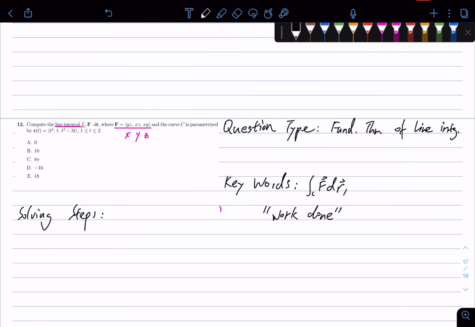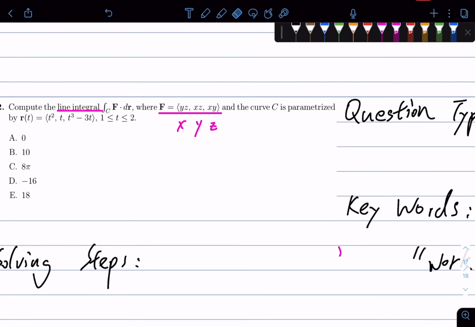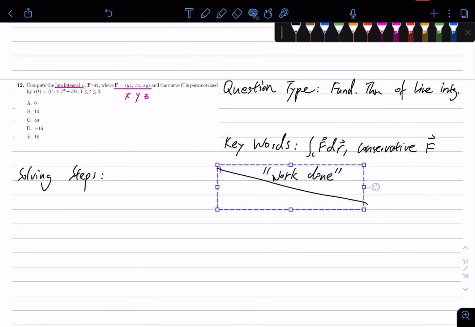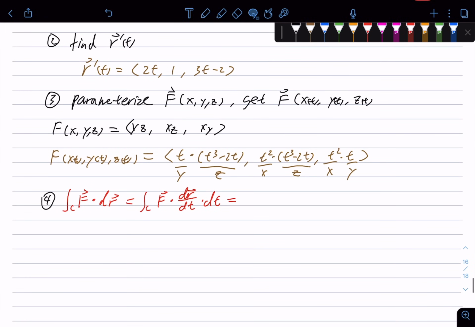Okay, it has to be. And then the vector field has to be conservative, right? If we do a quick check, you will find it conservative. And another thing, I don't know if you noticed from our previous approach, this line integral in a vector field suddenly got really difficult to compute, right?